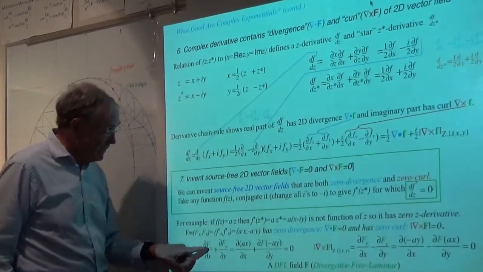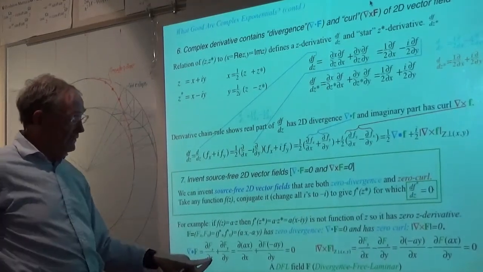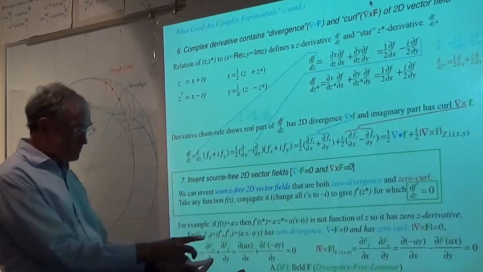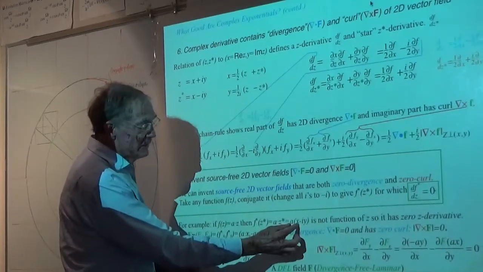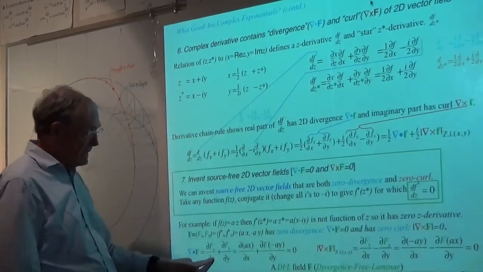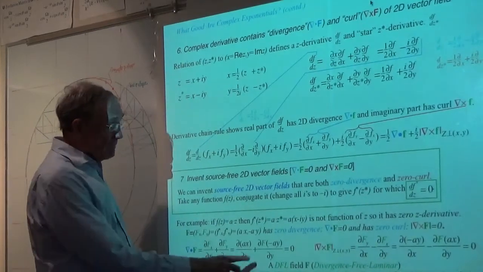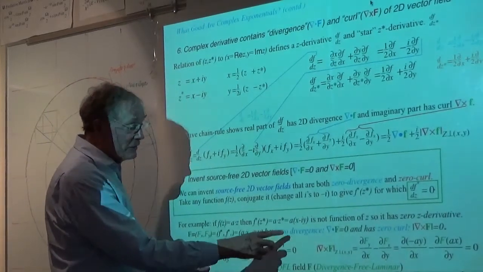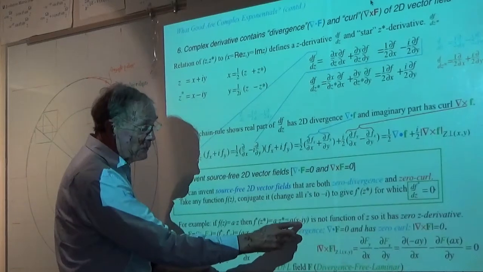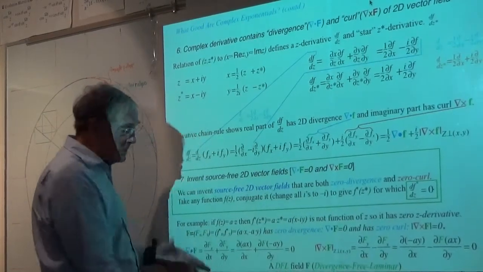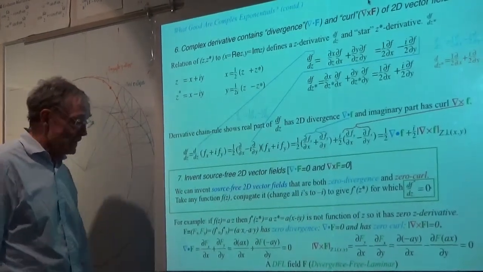Partial with respect to x of fx, that would be this part right here, a times x. That's this guy right here with respect to x, a, plus partial with respect to y of the other part, which is a y with a minus sign. Now that certainly comes out to 0.